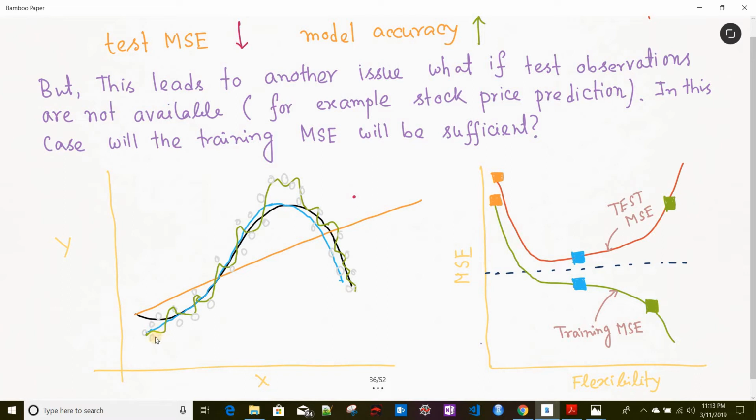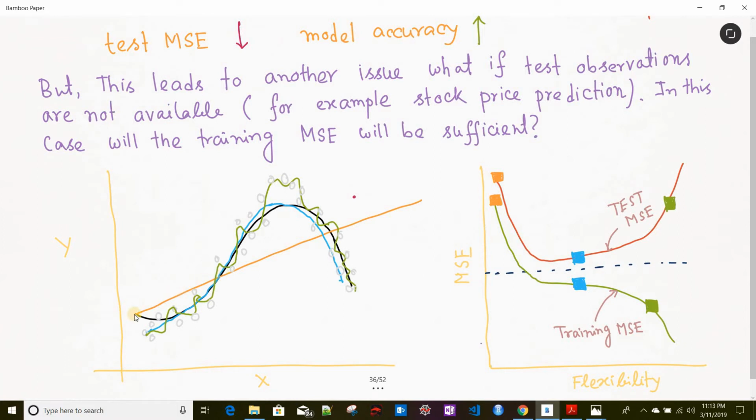If you see this particular green color line, it is too flexible because it is touching almost all of the data points. But while doing that, it is not generalizing the model. It is trying too hard to fit the data.